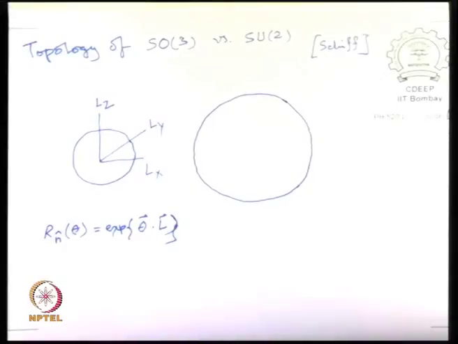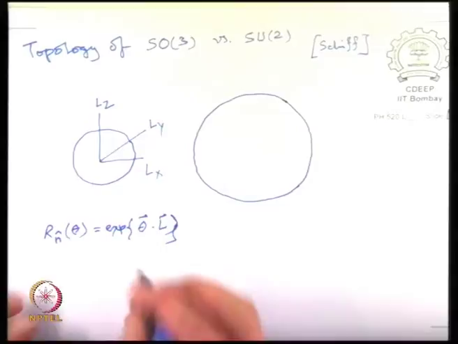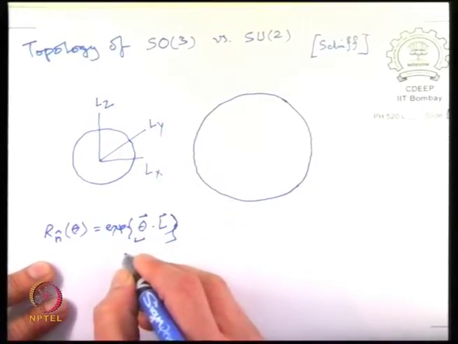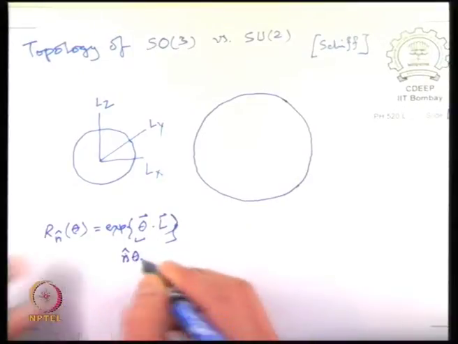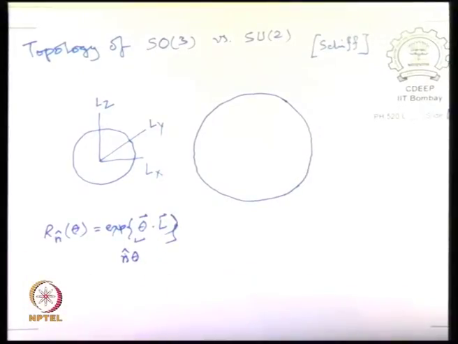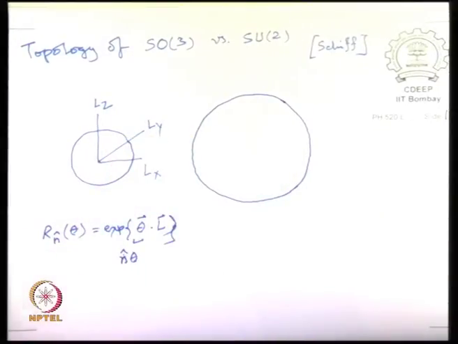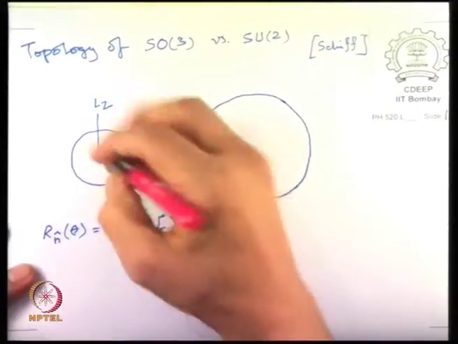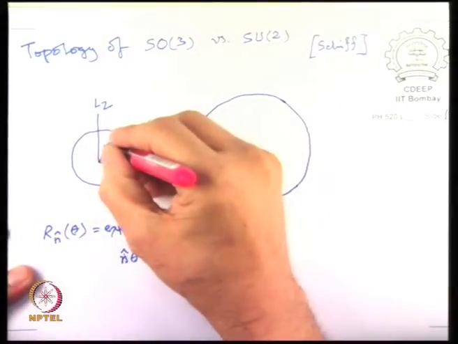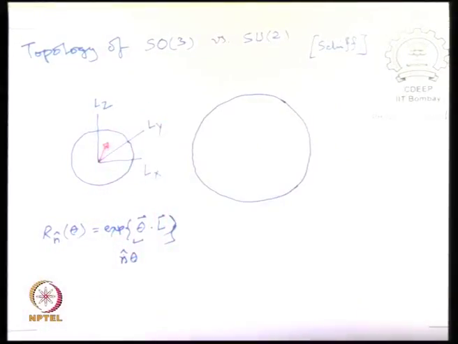Then the n cap vector, so this theta is often written as n cap times theta. N cap is a vector in this space. It is dotted with L, right? So you can dot it with the Lx, Ly, Lz.